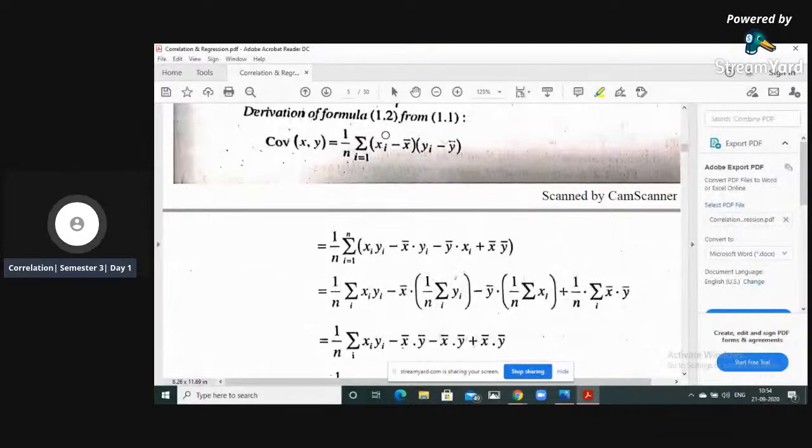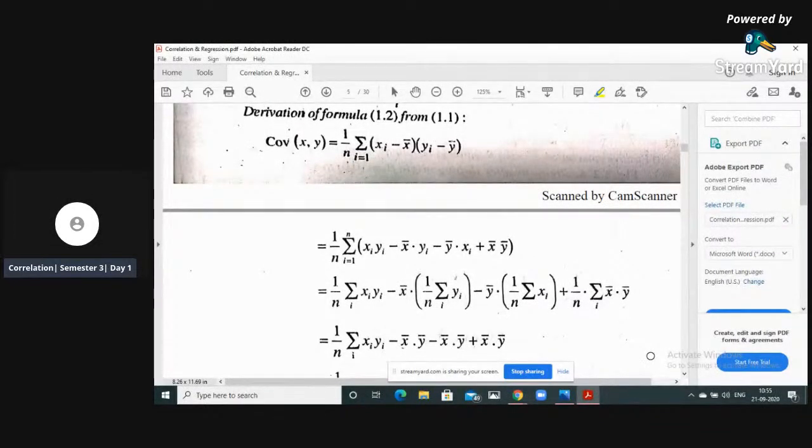If you break the brackets, you will get 1 by n summation xi yi, x bar yi, y bar xi, and x bar y bar with the consecutive signs in between. Now, if you take the summation inside the brackets, you'll get 1 by n summation xi yi minus x bar into 1 by n summation yi minus y bar into 1 by n summation xi plus 1 by n summation x bar y bar.